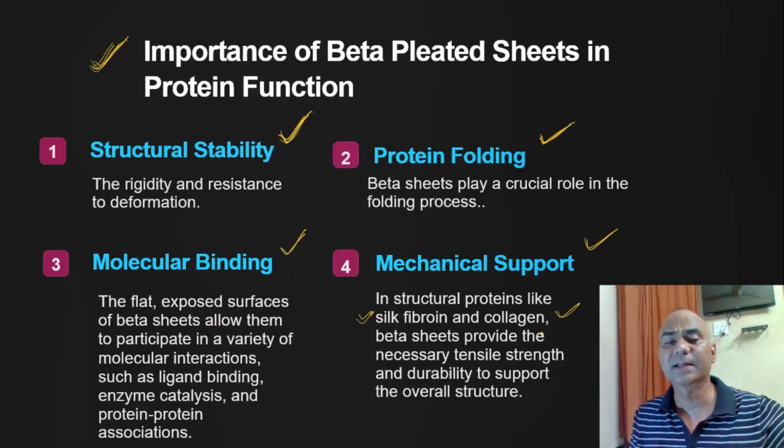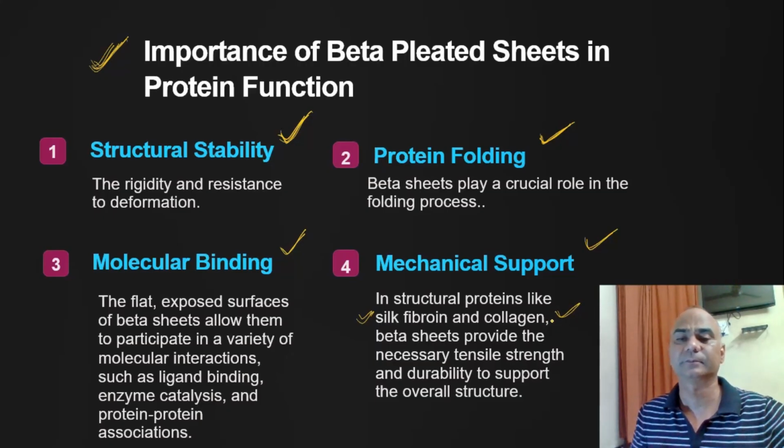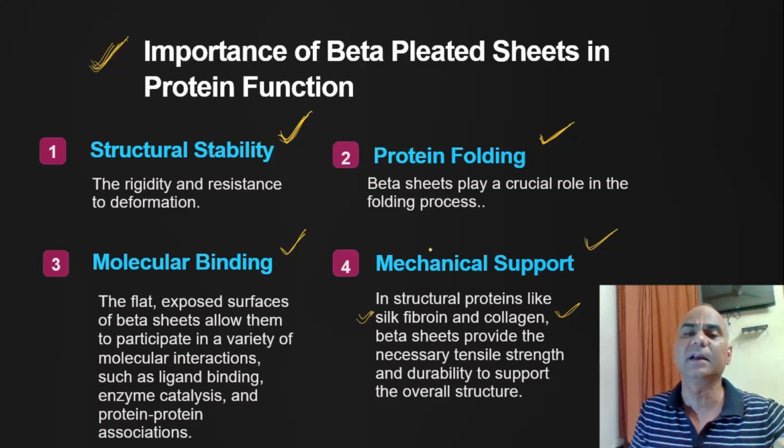We can understand the silk fibroin is a very strong fiber. This strength is provided by the beta sheet, and the collagen filaments are very important and very strong filaments. This collagen is also made up of the beta sheet, which provides the tensile nature and the strong nature, or we can say provides the mechanical support to the body.